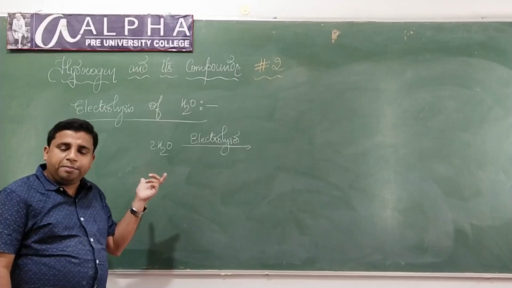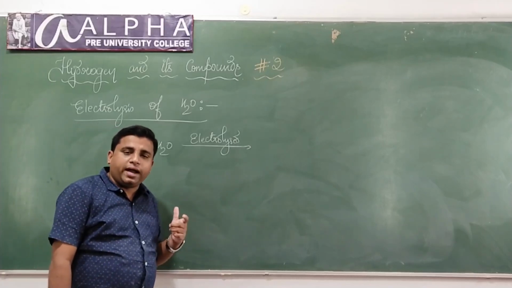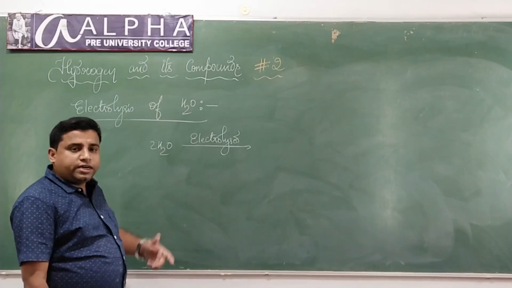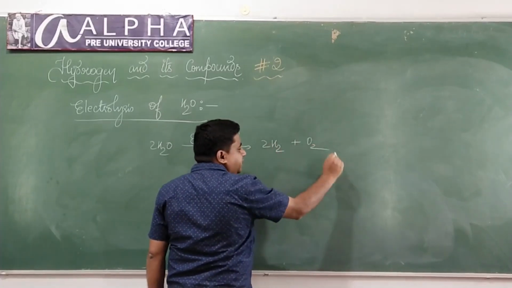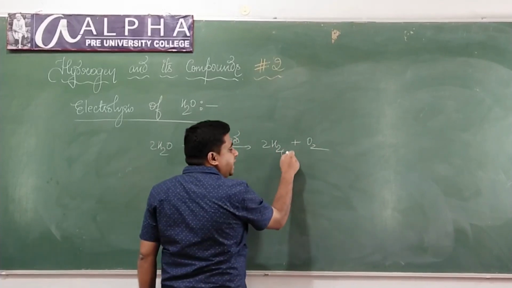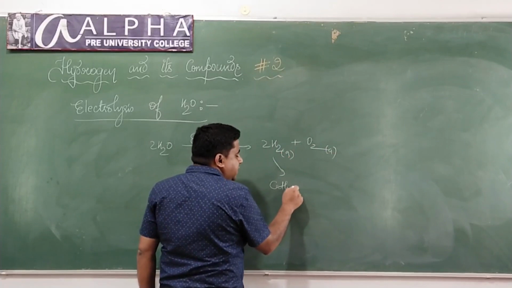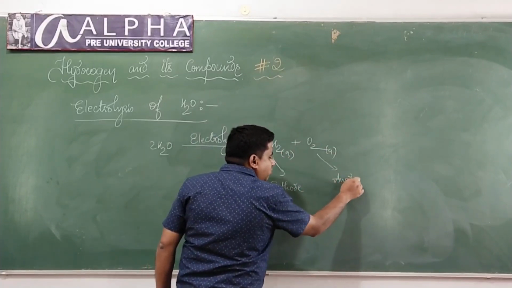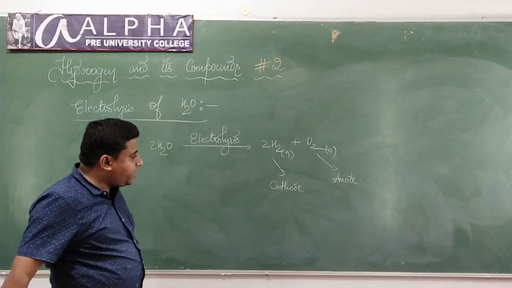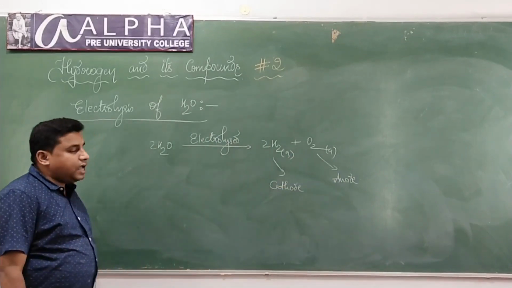Breaking the compound by passing current. So when water is electrolyzed, it will give hydrogen gas and oxygen gas. Hydrogen gas is produced at cathode and oxygen gas is produced at anode, isn't it?